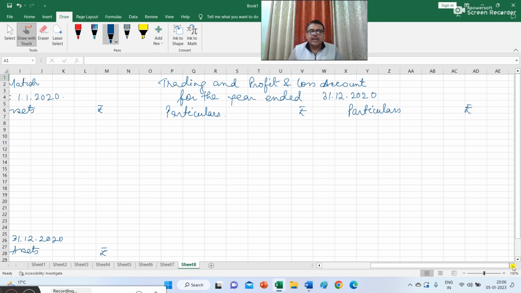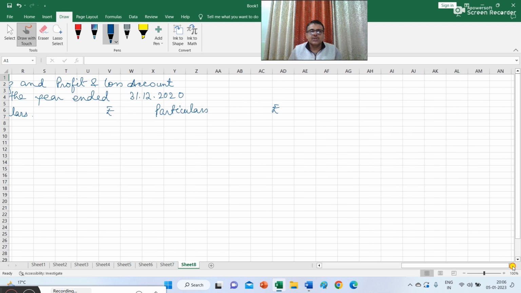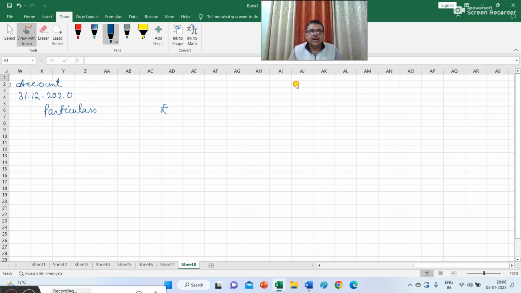So again I have to prepare the structure for debtors account, then creditors account. In debtor account I have to prepare this in T form, that is on debit side and credit side.